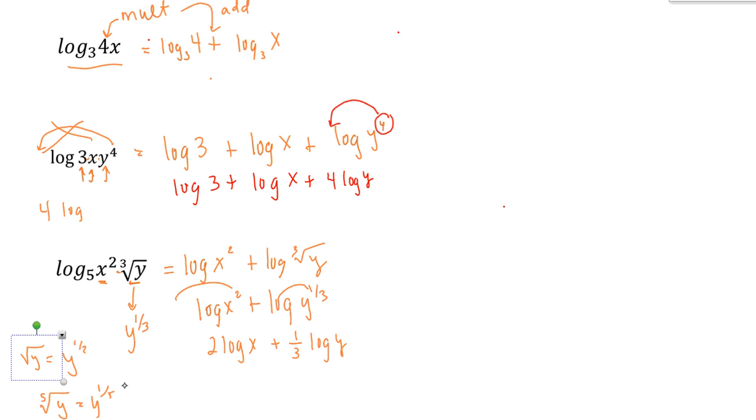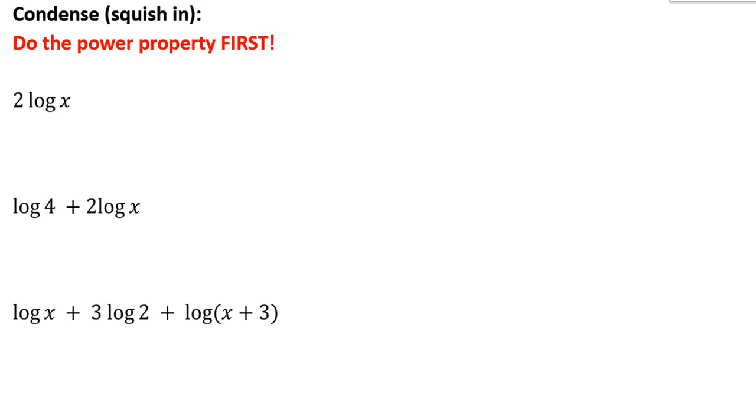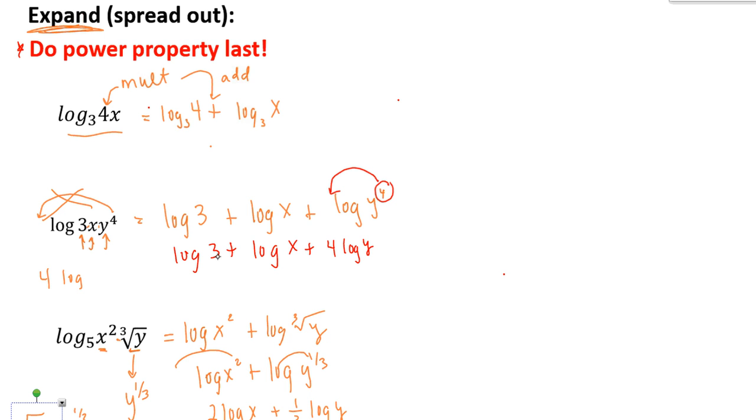All right, let's try the other one. Now we're going to squish it back together, right? We've got this log that's spread out. See how there's pluses in between? We're going to put it back together as a log and nothing outside of it. So the property said that if you have a power, you can move it out in front.